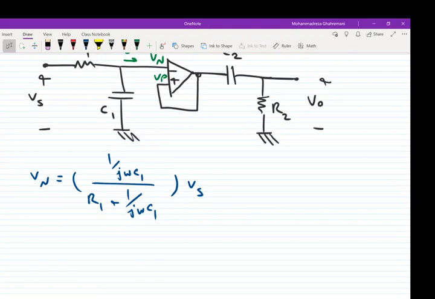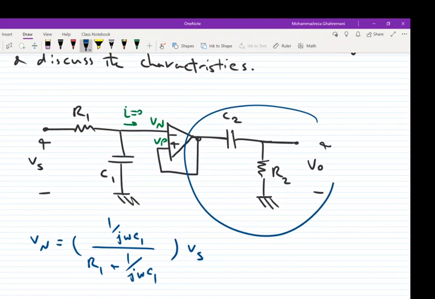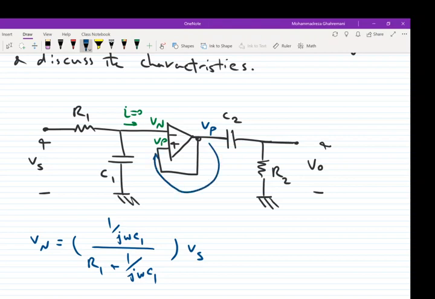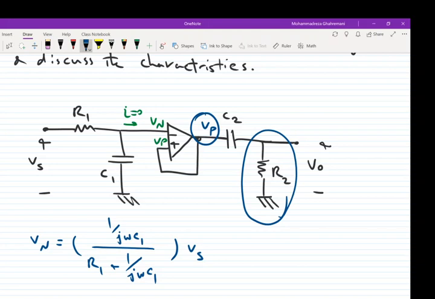Okay, now what is Vo? If we look at this part of the circuit, the output of the op amp is connected to Vp, not Vo, sorry. So we have a value here, and we want to find the voltage across the resistor. Again, the same voltage division.